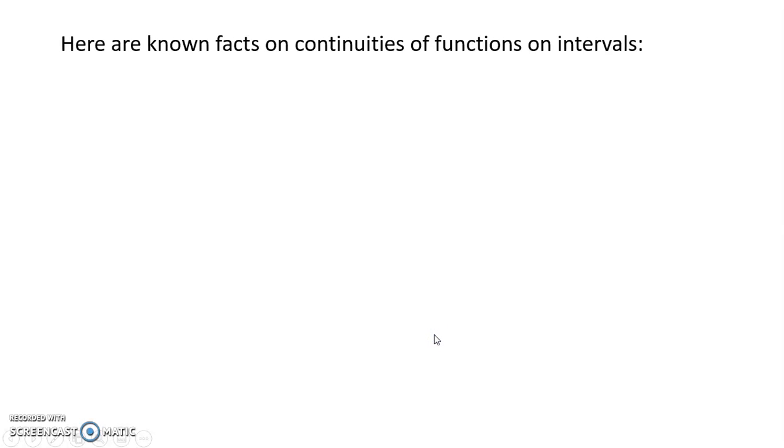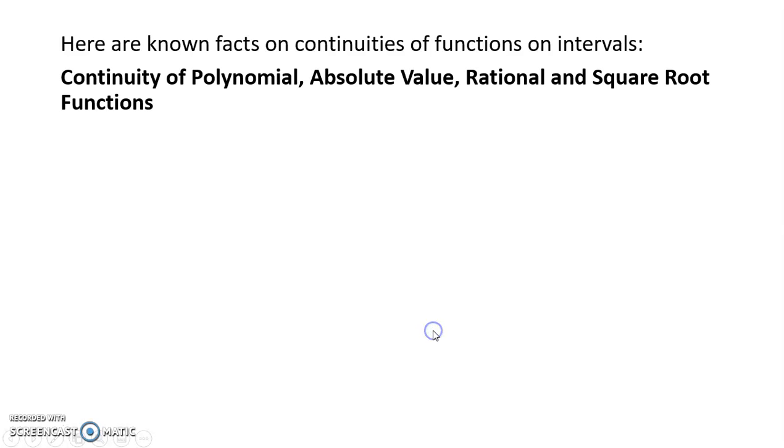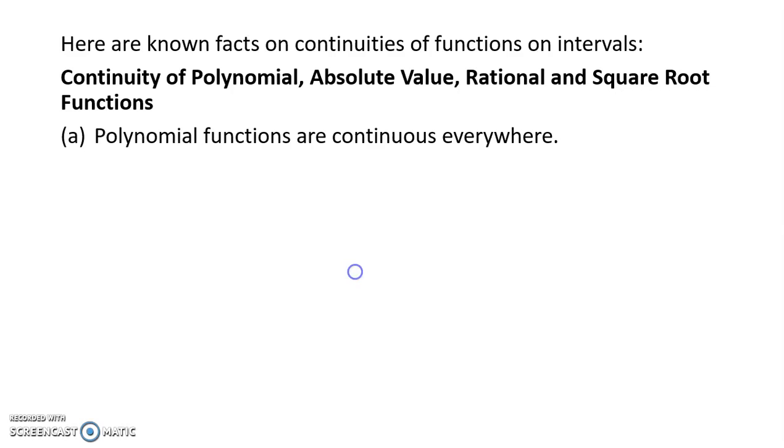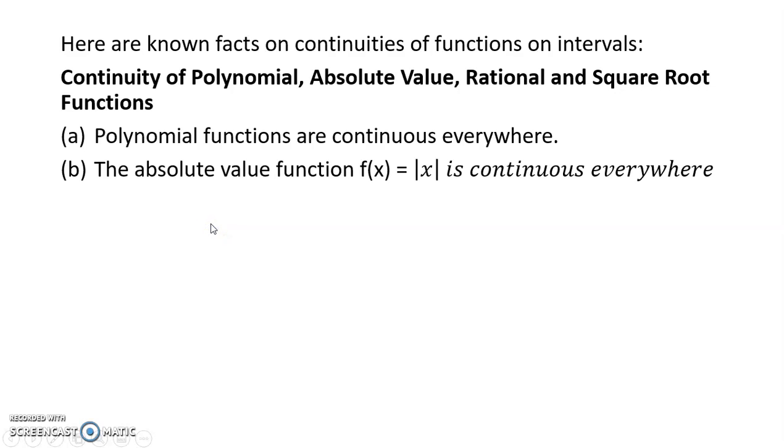Here are known facts on continuities of functions on interval, continuity of polynomial, absolute value, rational, and square root functions. Polynomial functions are continuous everywhere. The absolute value function f of x equals the absolute value of x is continuous everywhere.